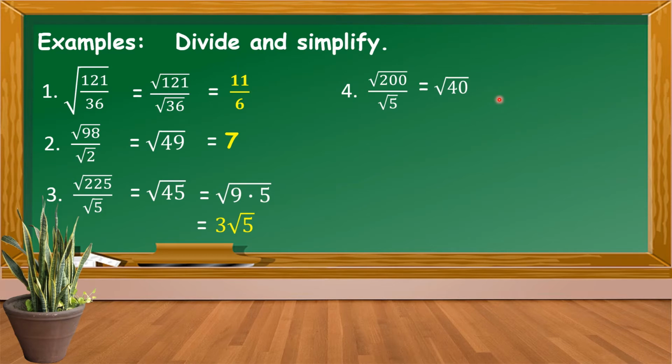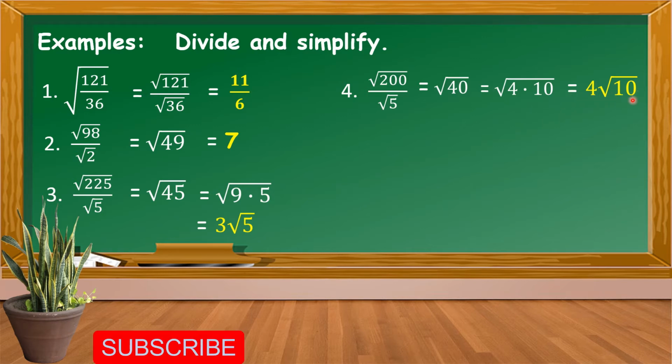Its factors are 4 and 10. 4 times 10 is 40. Then, the square root of 4, we take out, that is 2. Then, 10 is left as our radical because 10 is not a perfect square. So, our final answer is 2 square root of 10.